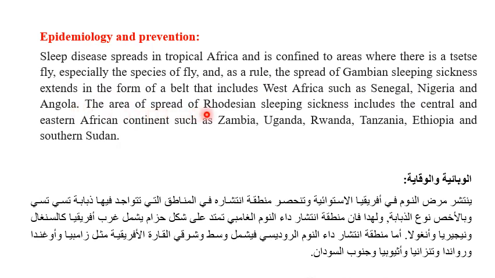The area of spread of Rhodesian sleeping sickness includes Central and Eastern Africa such as Zambia, Uganda, Rwanda, Tanzania, Ethiopia, and Southern Sudan. So the Gambian species spreads in West Africa, while rhodesiense spreads in East Africa.